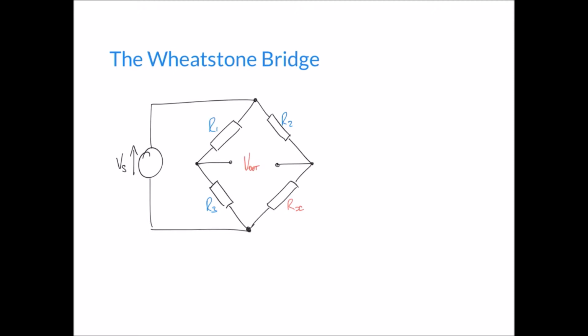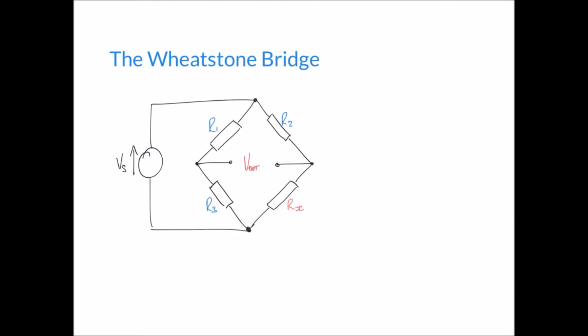It doesn't matter what the voltage is as such, as long as those two voltages are equal, then the voltage across V out, or the potential difference, will be 0 and the circuit will be balanced. And we'll see how by balancing the circuit we can determine the value of our unknown resistor.